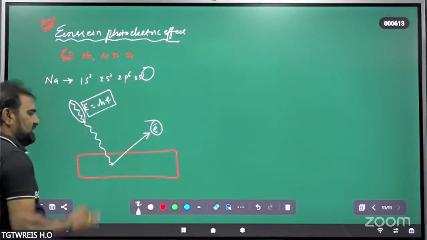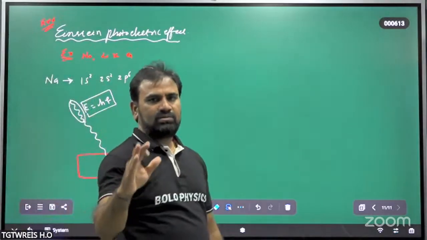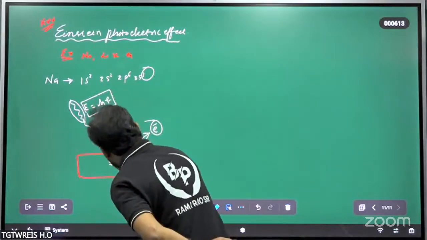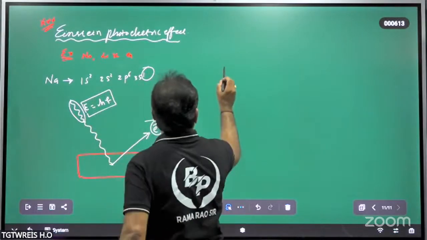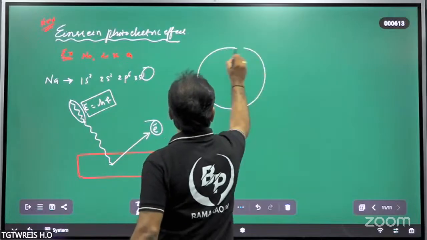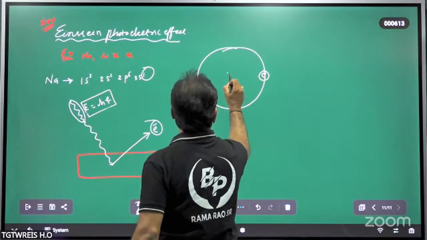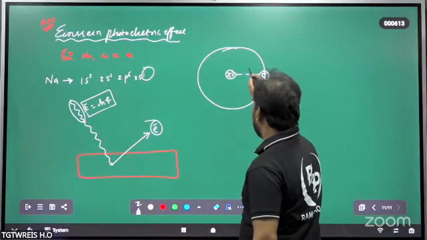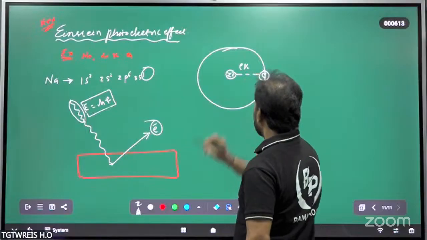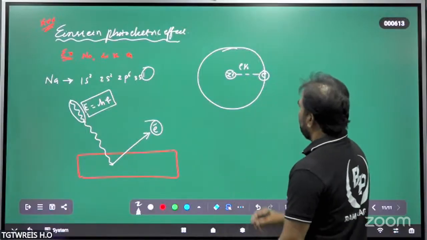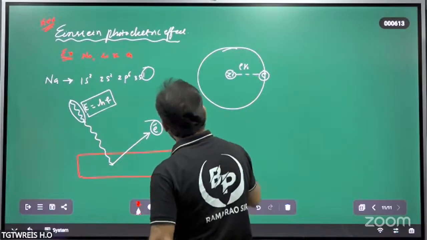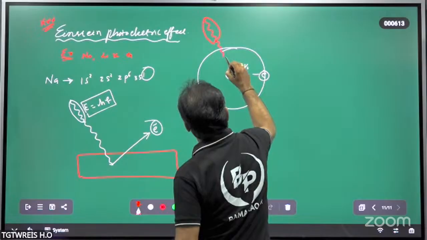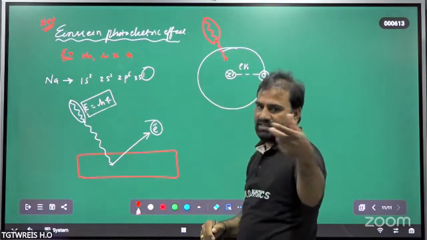This incident energy can be utilized in two ways. Initially, the electron revolves around the nucleus with an electrostatic force of attraction. When the photon energy is incident on the metal surface, it is utilized in two ways.